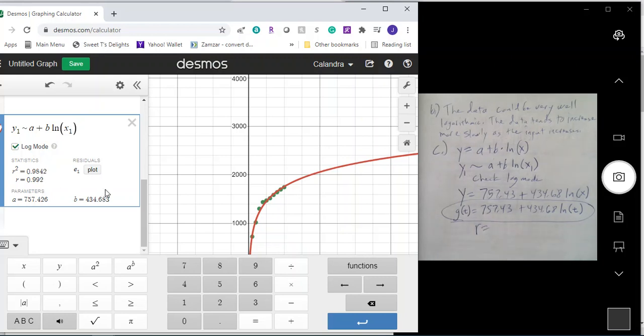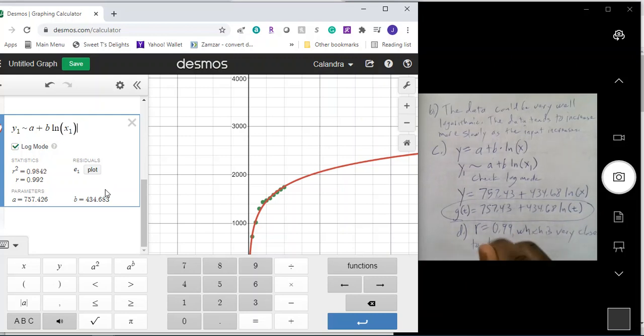It doesn't matter. Let's just say R is equal to 0.99, which is very close to 1. So it is a good fit.